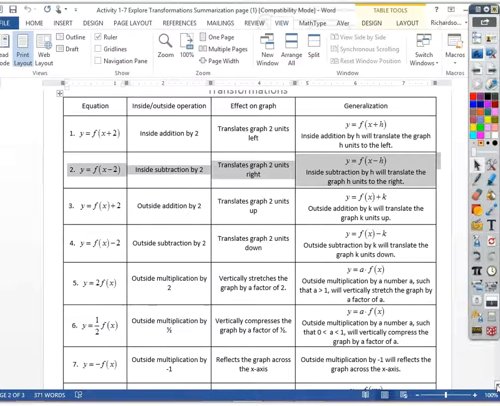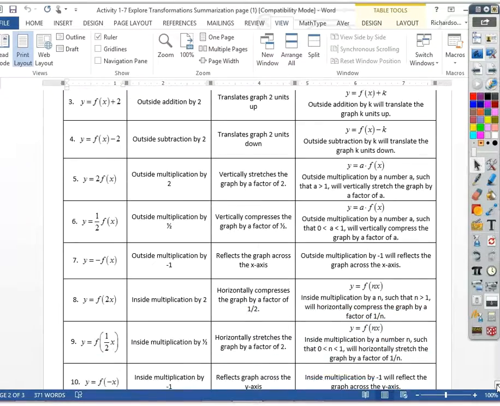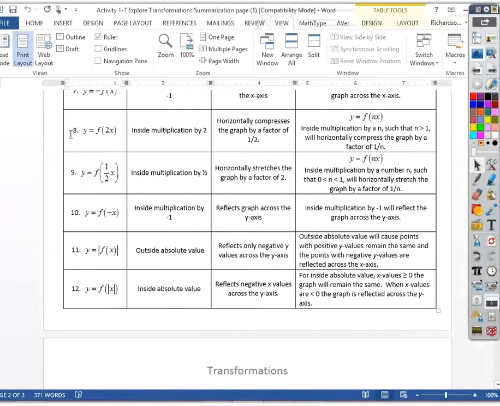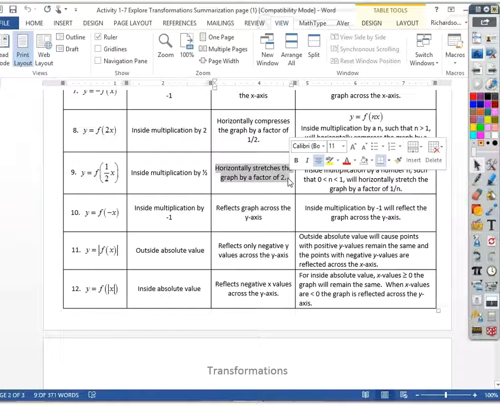Okay, so we're going to need to go down here now to rows 8, 9, and 10 to see the effect of inside multiplication. For this first problem, we have inside multiplication by a half. And we can see that that will horizontally stretch the graph by a factor of 2. So it's going to become wider by a factor of 2.